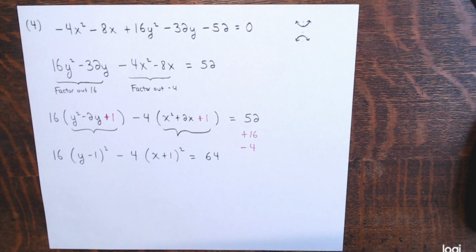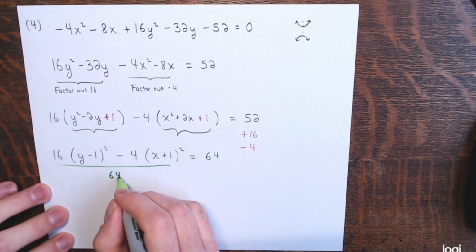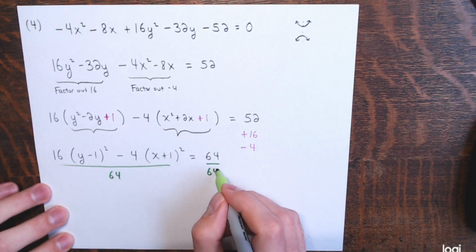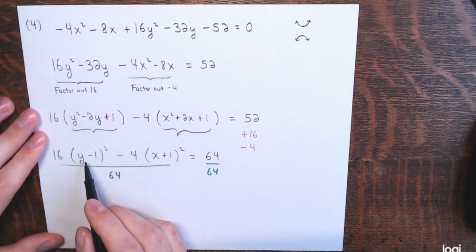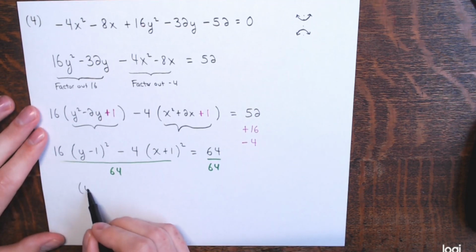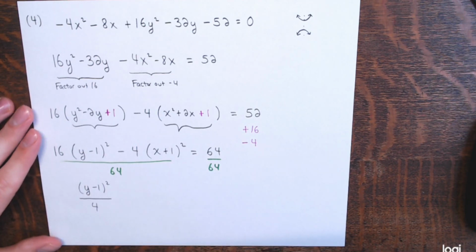And then to get it in standard form, remember I need that square minus square equals 1. So now I'm dividing everything by 64 to get 1 on that right side. First term on the left, we have y minus 1 squared divided by, and then 16 goes into 64 4 times, so that becomes 4 in the denominator.